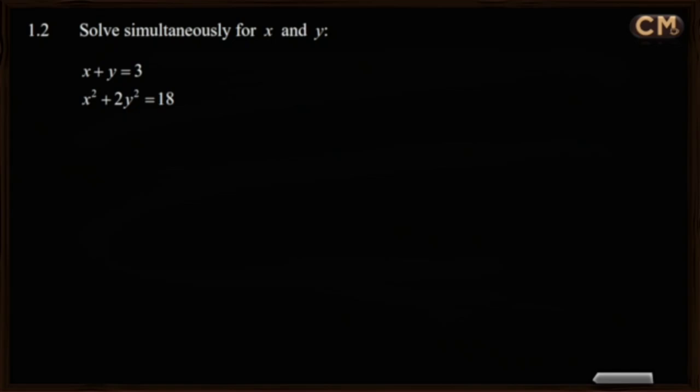No question 1 would be complete without a set of simultaneous equations, or a system of equations. So let's label these. That's our first port of call. 1 and 2. And then from equation 1, of course, we'll have x equals 3 minus y.